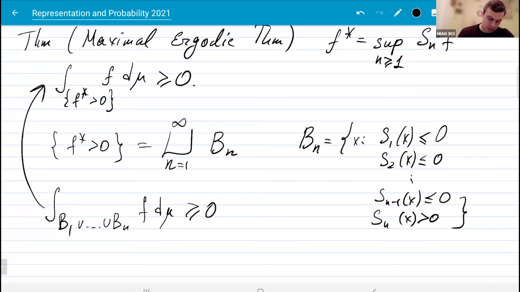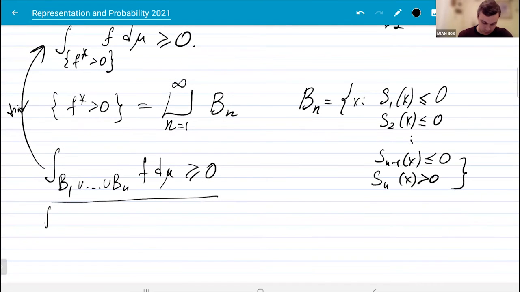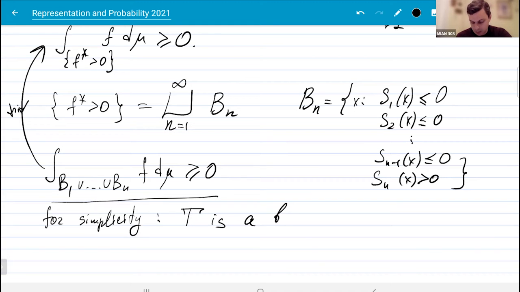So this is again trivial. So I want to prove this. And for simplicity, I will also just assume that T is a bijection. You can figure out the general case, but it is maybe a bit easier to follow all the details.